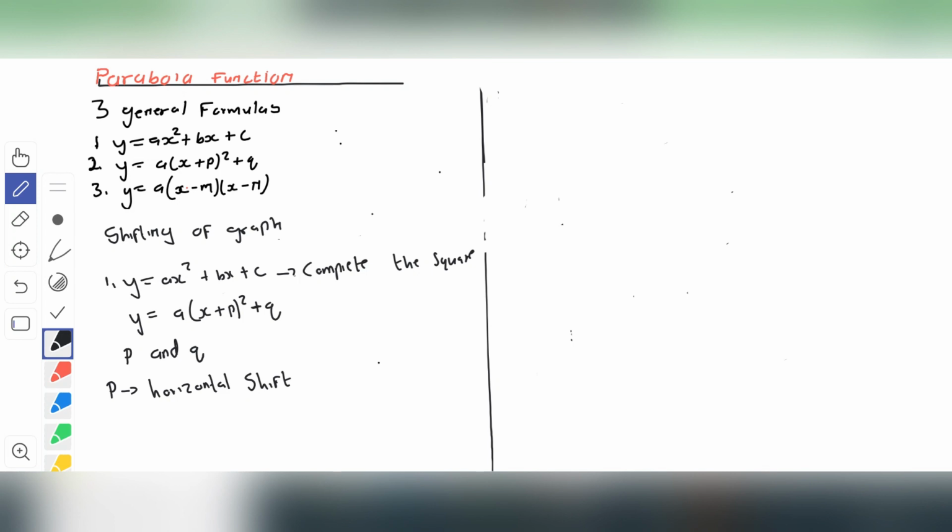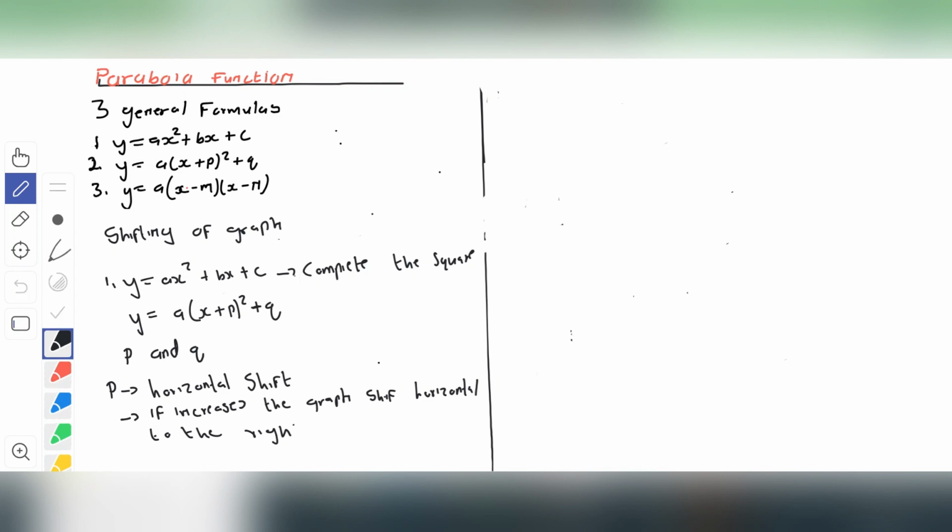If P increases, the graph shifts horizontally to the right, because it is increasing.